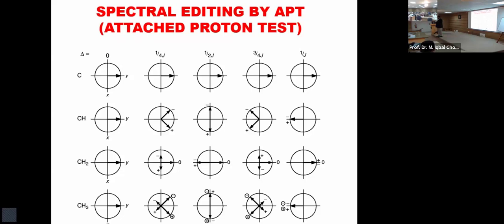So the Larmor frequency of CH3 would not be the same as CH2. The Larmor frequency of CH would not be the same as CH2 and CH3. And the Larmor frequency of the quaternary carbon would not be the same as the others.